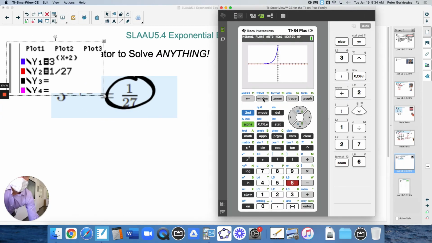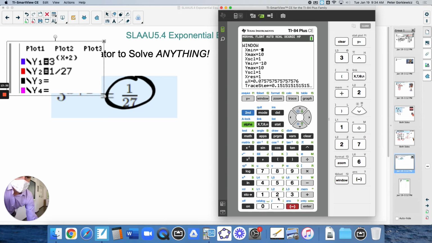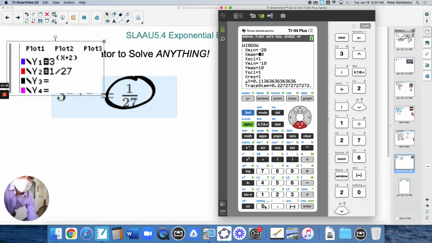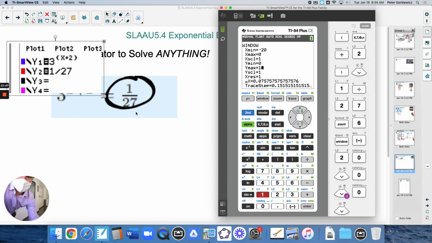So let's bring our window for x even farther back. I'm going to go negative 20 up to, I don't know, 0. And the y, I'm going to go from 0 to 1 because 1/27 is partway between there. So I'm just trying to zoom in on where I expect the intersection to be.